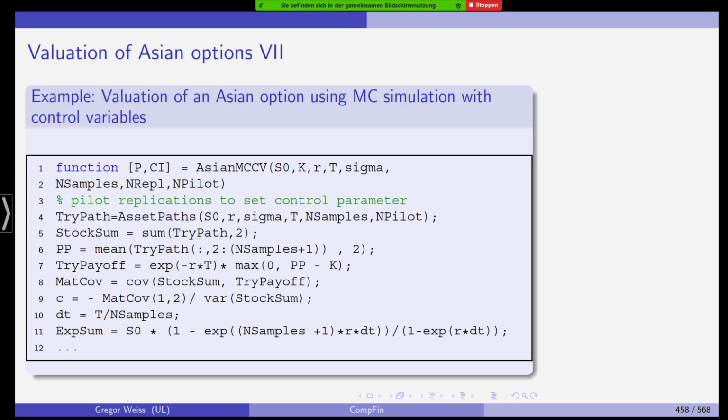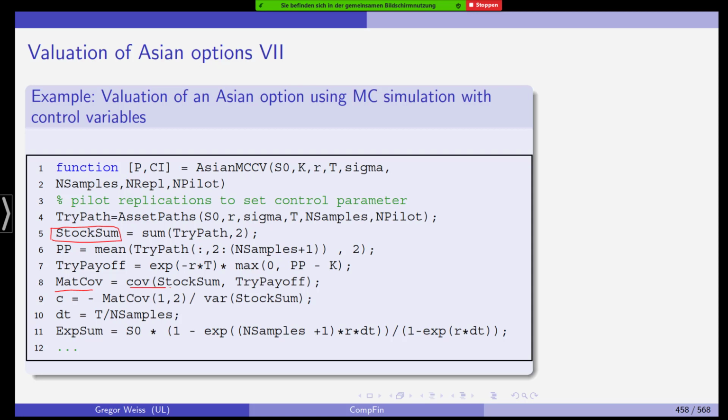So we do this the first time, tri-path, asset path, and so on. And we say the stock sum is the sum of tri-path. So this is our control variable. Now PP is the mean of the tri-path, and we then calculate the payoff, and we estimate the correlation.